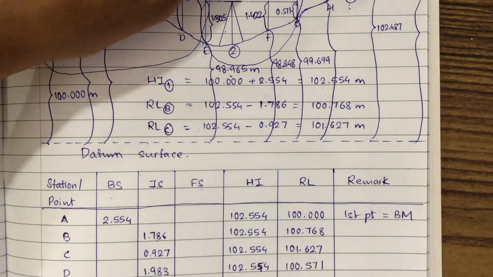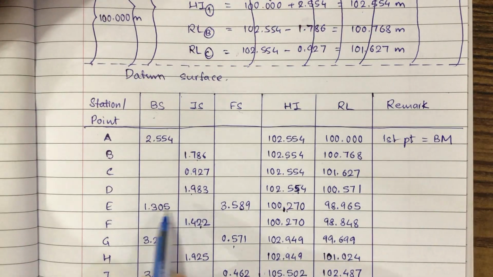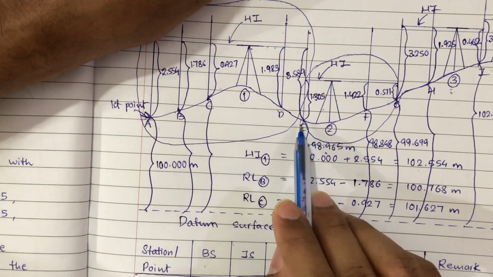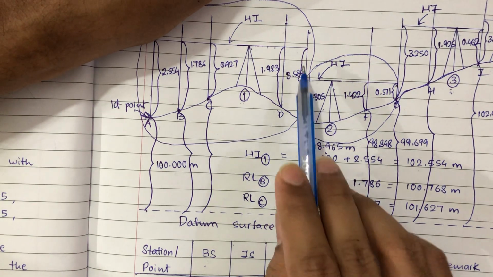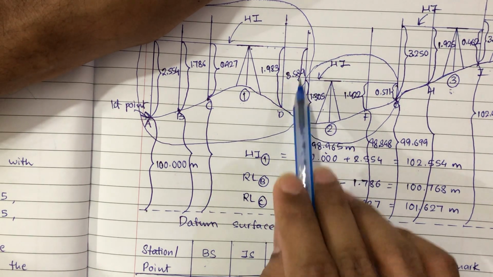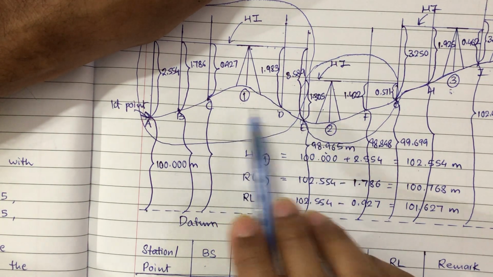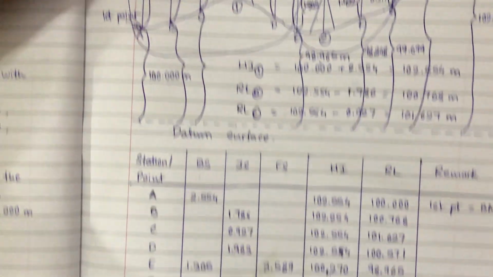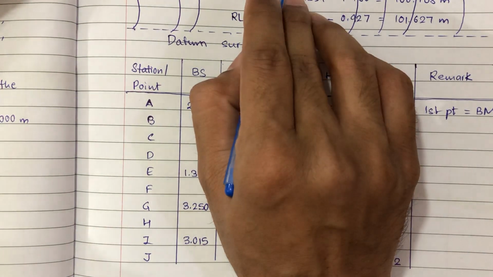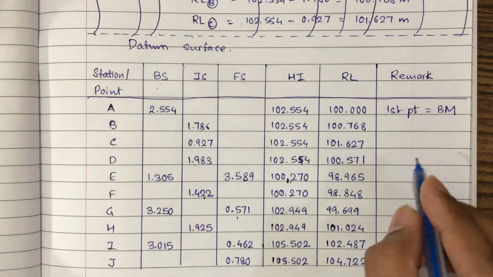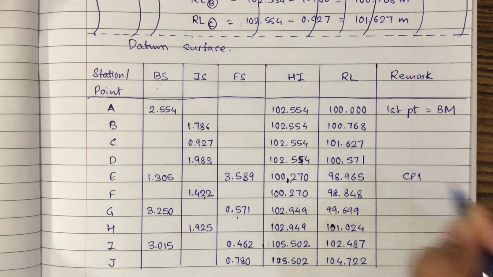Then at point E, after taking the fifth reading, that is 3.589, the instrument changed its point. So we got the change point at this point E. So at E we got change point 1.